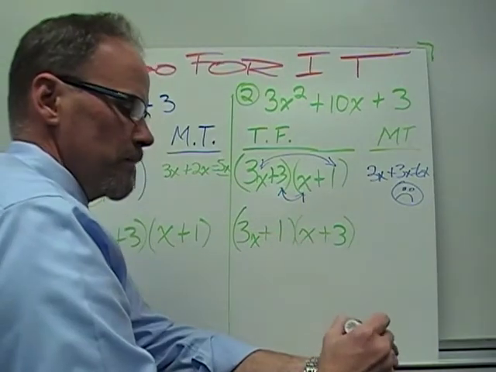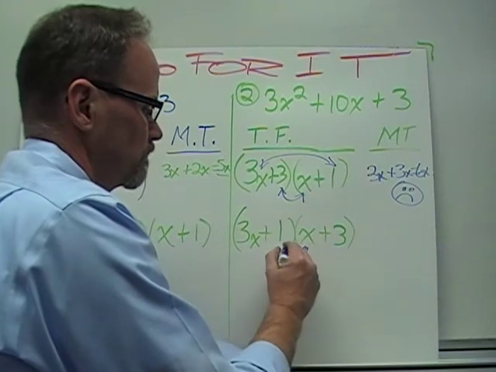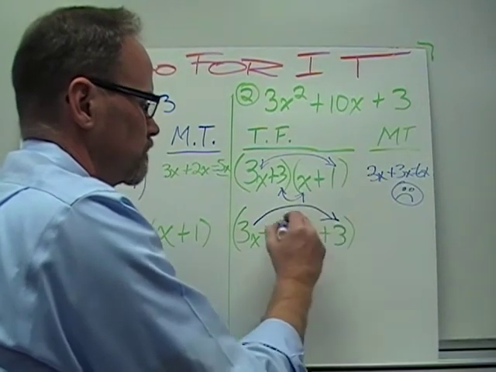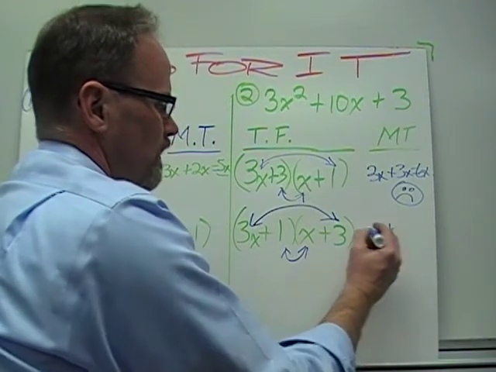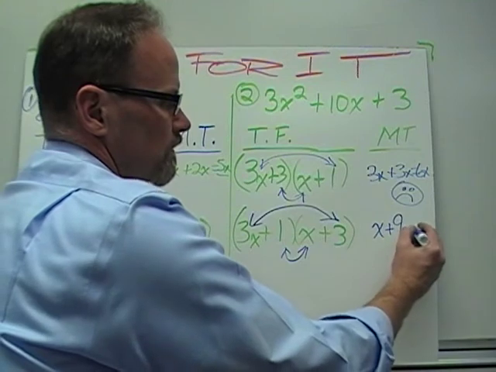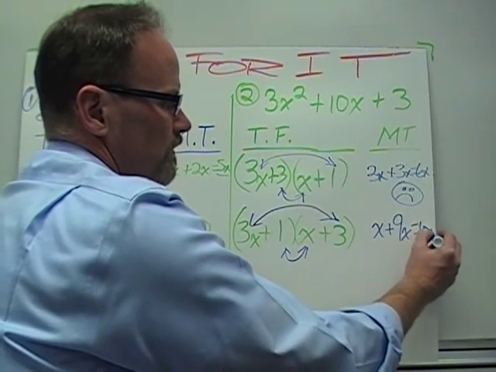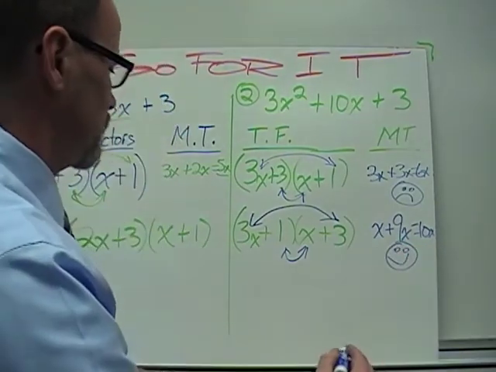All right, here we go. Inners, outers. 1 times x is x. 3x times 3, 9x equals 10x. And we are good to go.